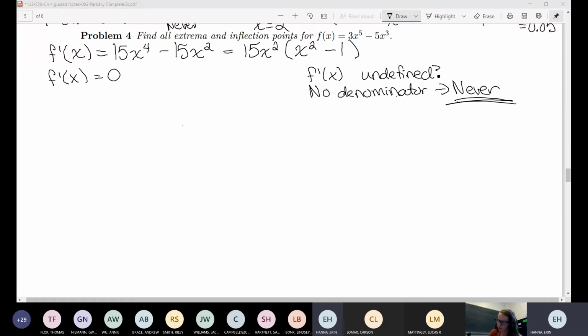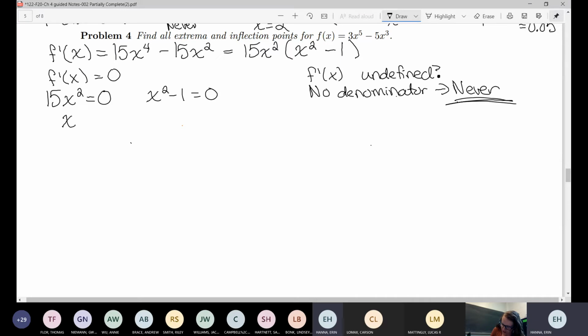Remember, if a product of things is equal to 0, one of the pieces must be 0. So we can break it up into when 15x squared equals 0, and when x squared minus 1 equals 0. Also remember, I think I wrote it down the other day on a different one, sometimes you might need to use the quadratic formula to find when a thing is equal to 0.